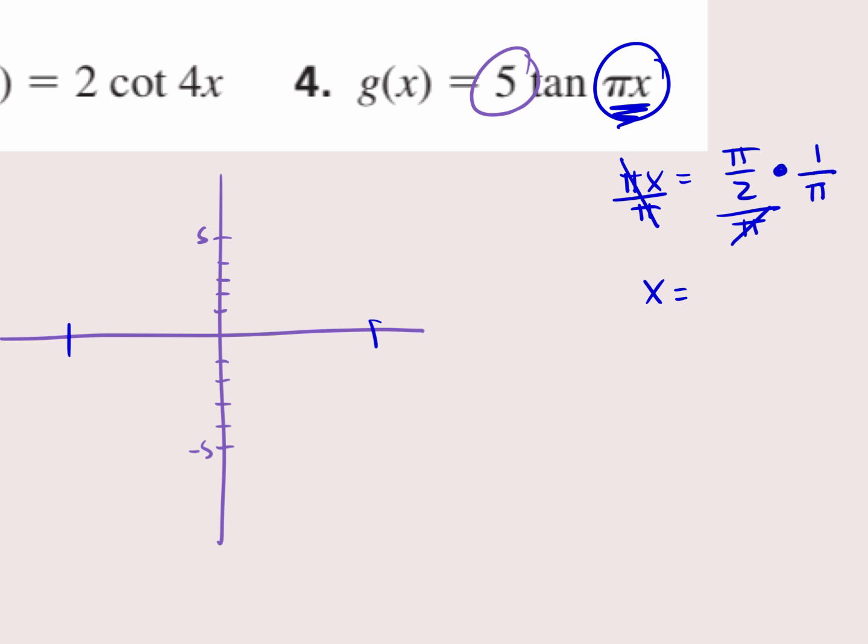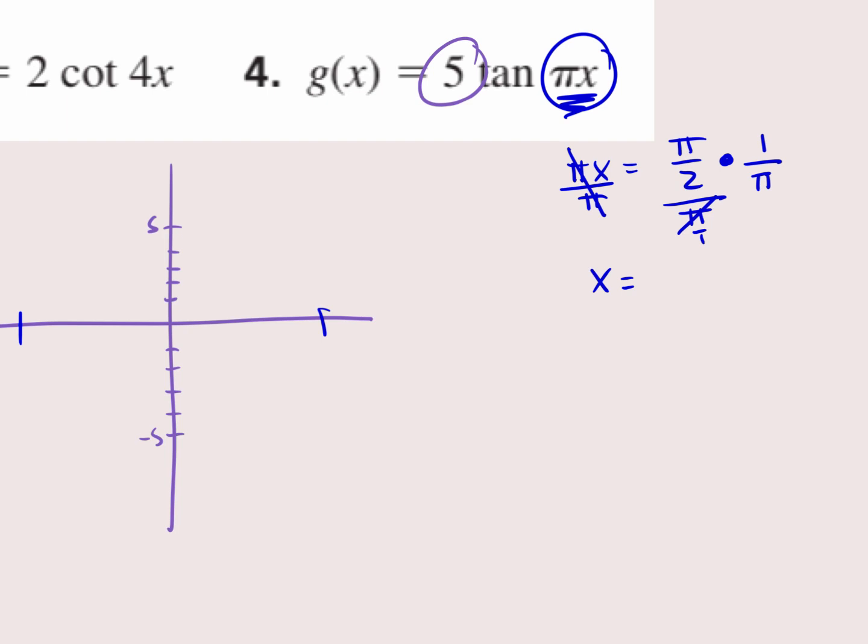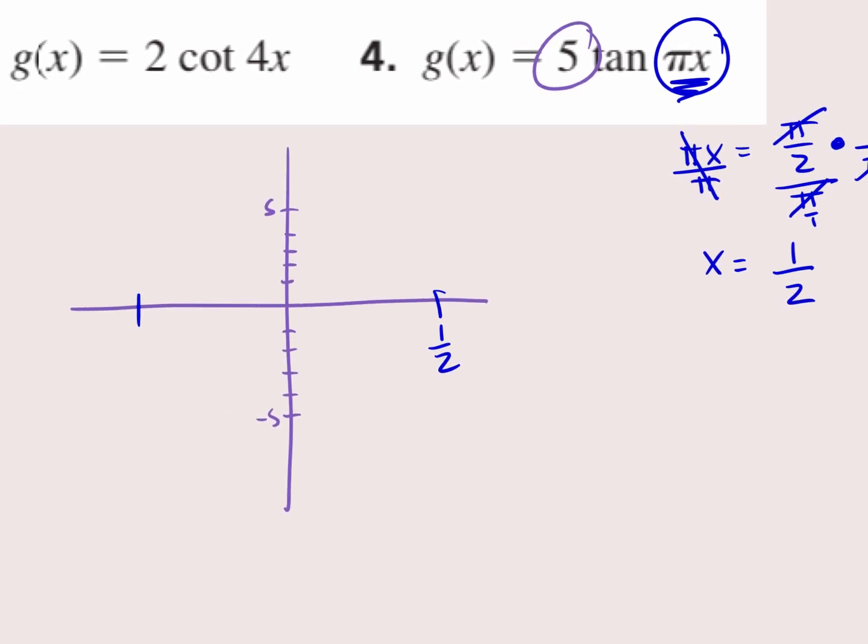We're going to flip pi to be 1 over pi. Don't do it. What do I do? Cross out the pi's. The pi's cancel, so it would be 1 over 2, 1/2. So my asymptote's at 1/2. What's the one on the left going to be? Negative 1/2.